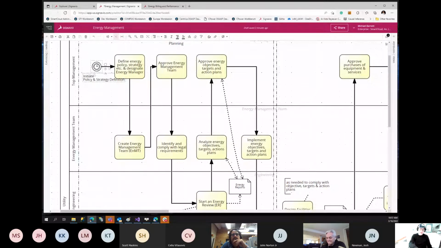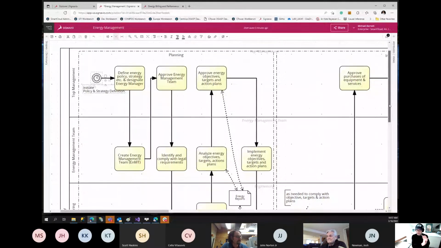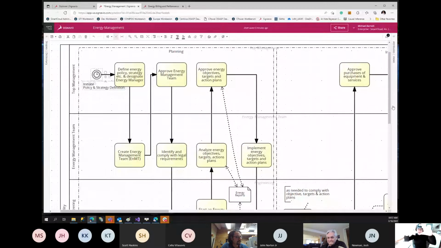Things early on here, like what is the charter of the energy management team? What are our legal requirements? What are high level strategies and objectives? That all happens at a higher strategy level.